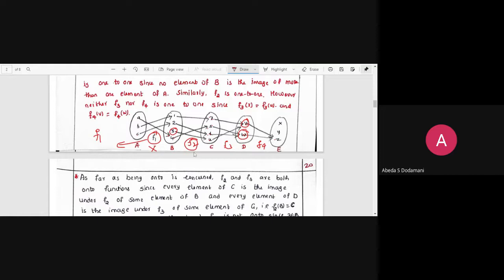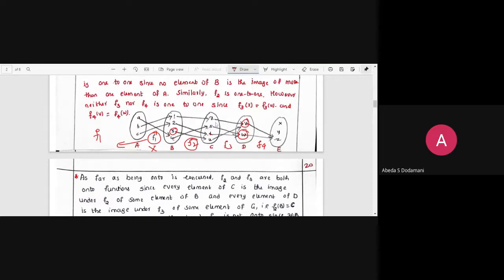Now let's come to F2. It is 1 1. 1 is going to R, 2 is going to T, 3 is going to U, 4 is going to S. It is having different images. It is 1 1, and it is onto also because every element of C is mapped here. So both 1 1 and onto means F2 must be? Invertible. Very good. What about F3, guys? Is it 1 1 here?